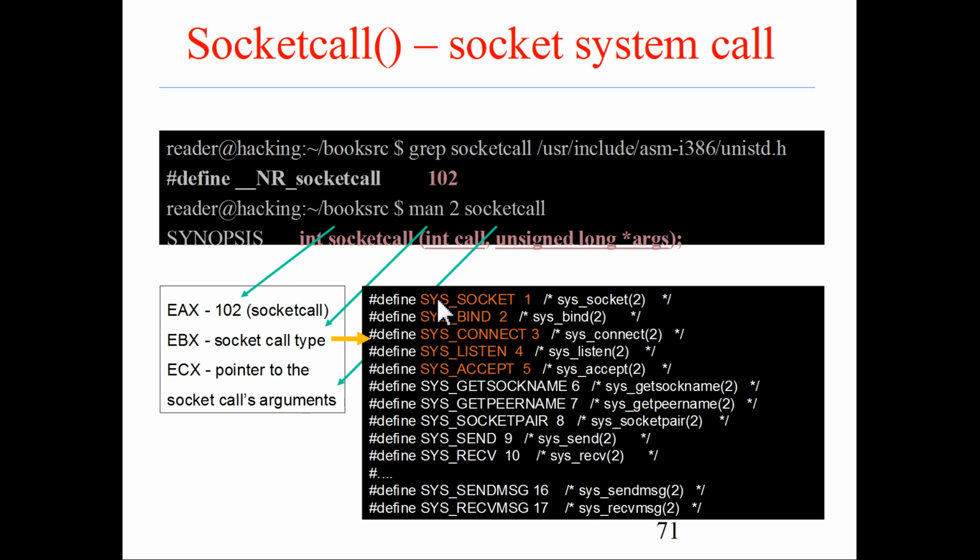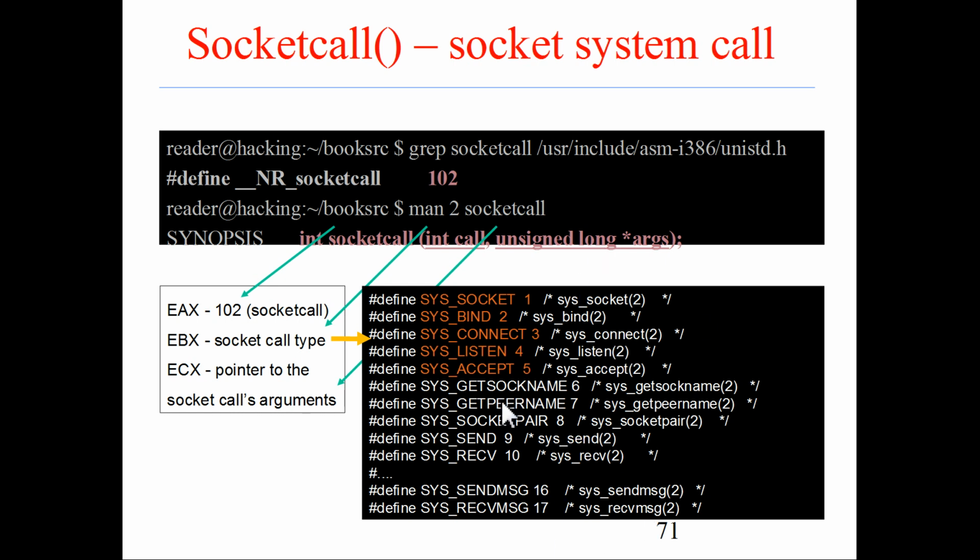We covered the system call table and how one is exit, and there are other things, and you put them into EAX to specify what system call you are making. And so socketcall is system call 102. So you put that in EAX.